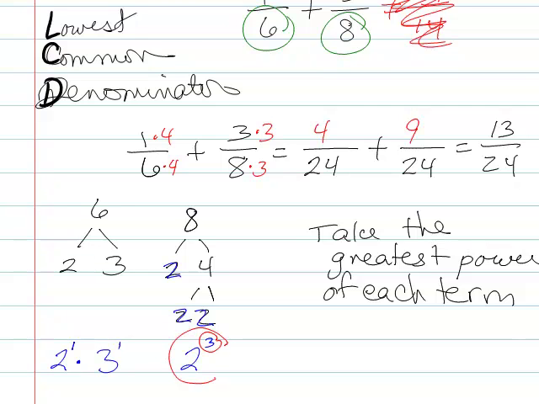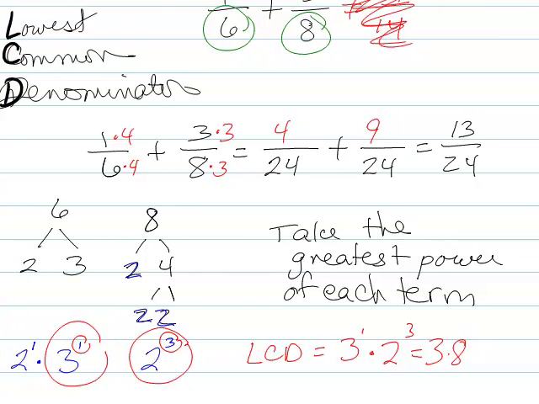So I want to take this one. Out of the 3's, my highest power is a 1. So I'm going to take this one. So my LCD is going to be 3 times 2 cubed, or 3 times 8, which is 24. Well, that's one way to do it.